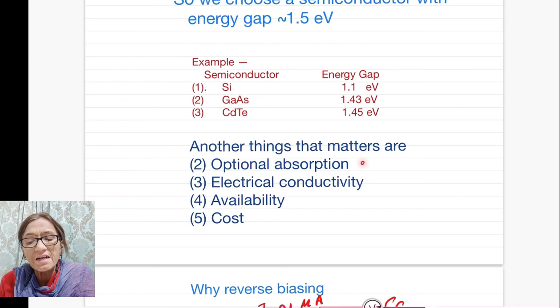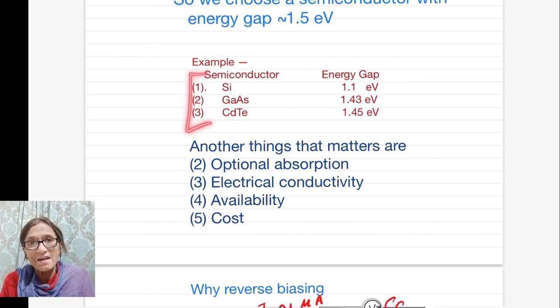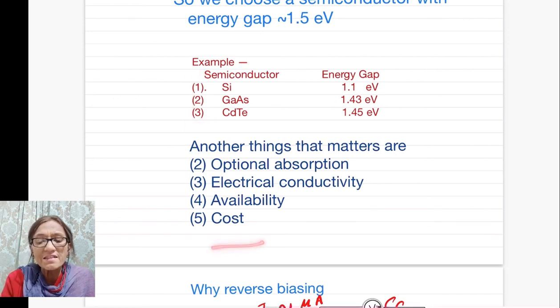Another criterion is optical absorption. If EM radiations are not absorbed up to the PN junction, then all these phenomena cannot take place. Third criterion is electrical conductivity, and a not little less important criterion is the availability of all these semiconductors.